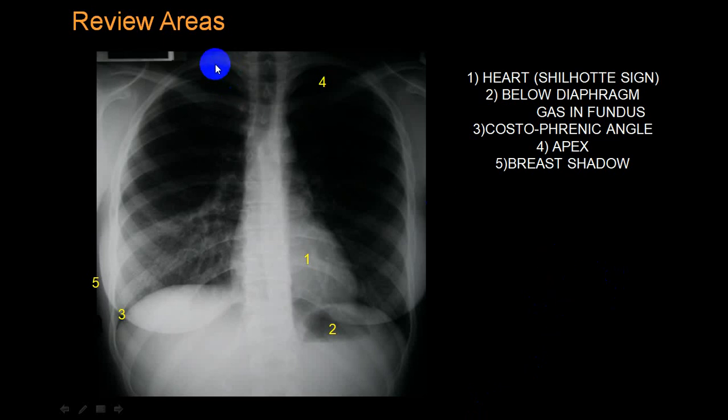Now if you look here at the anterior rib, it will be the 6th rib. And if you look at the posterior rib, it will be the 9th or 10th rib. So we'll be looking at all those things. Look at the bubble on the left side, that is a gastric bubble. And if you see a black shadow below the dome of diaphragm, it is because of a pneumoperitoneum.